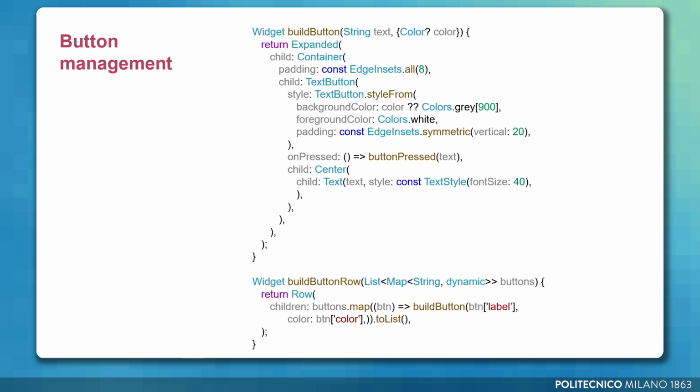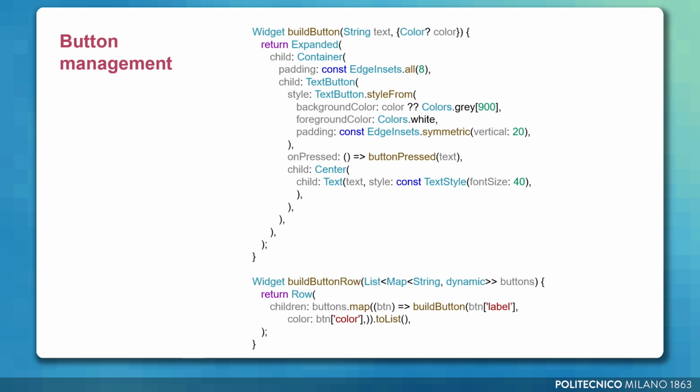The button itself is a text button styled with a dark gray background by default, white text, and 20 pixels of vertical padding. When tapped, it triggers the button pressed callback with the label as argument. The text is centered and displayed at a font size of 40 for clarity.